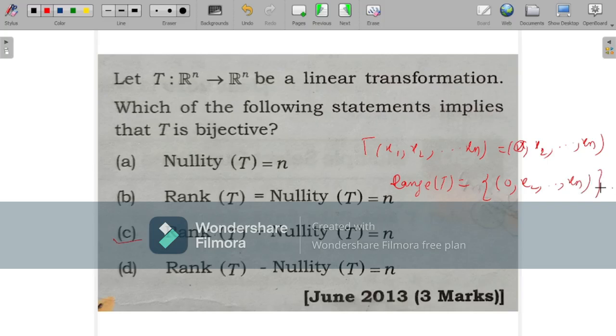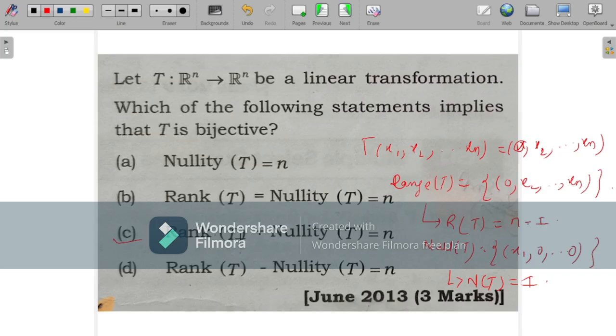That is, the rank of T is n minus 1, and the null space of this linear transformation T is x1 arbitrary, all others 0, and the nullity of this linear transformation T is 1.